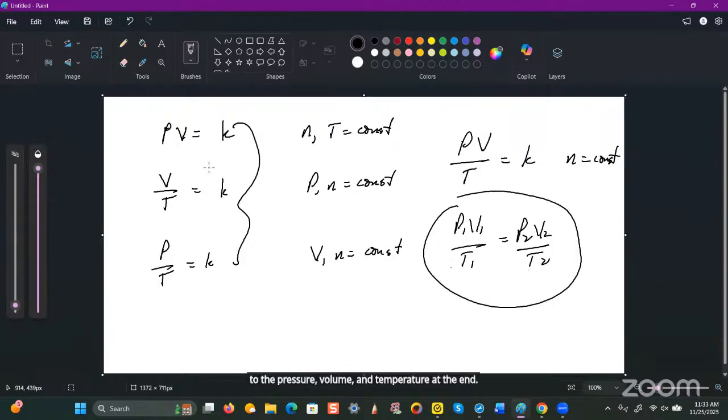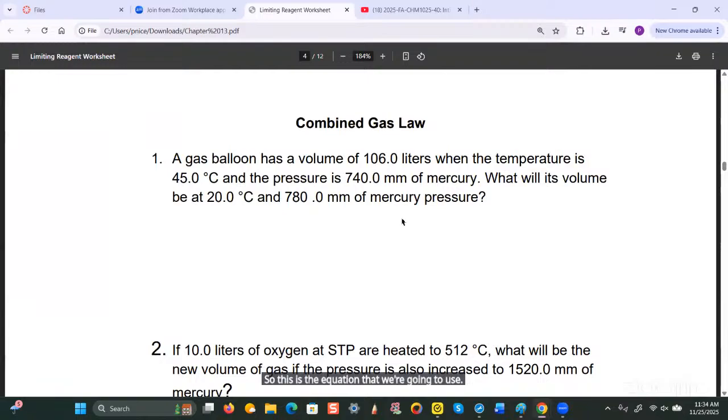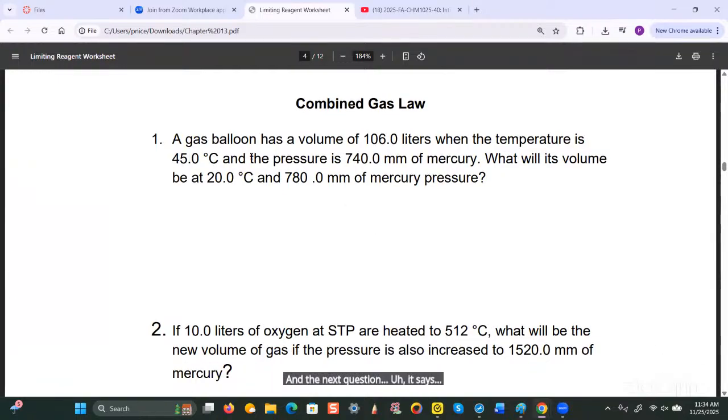All right. And of course, based on this equation, if you know 5 of these terms, then you can rearrange the equation to solve for the 6th term. So this is the equation that we're going to use in the next question, which says that you have a balloon, the volume of which is 106.0 liters. They gave you the temperature and they gave you the pressure, right?